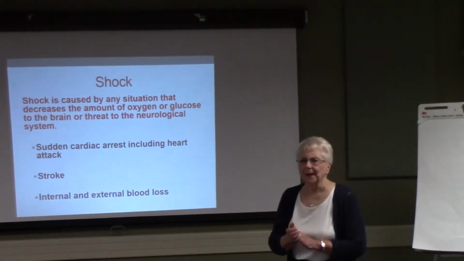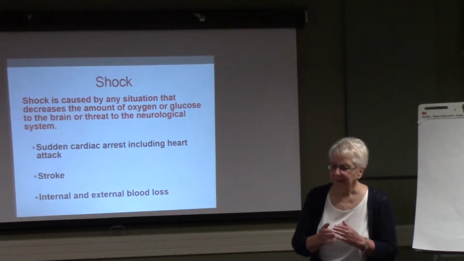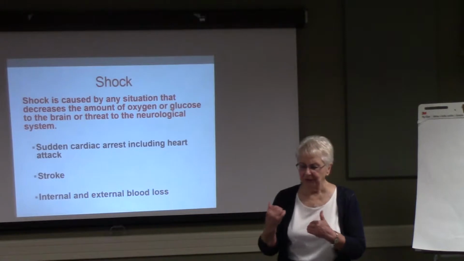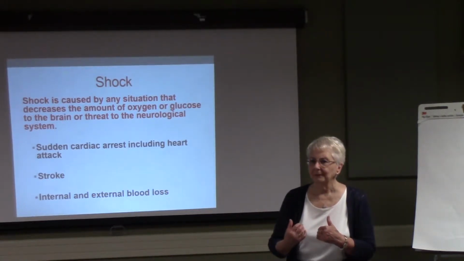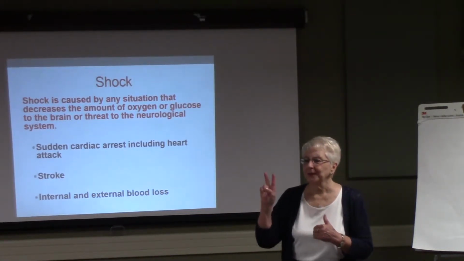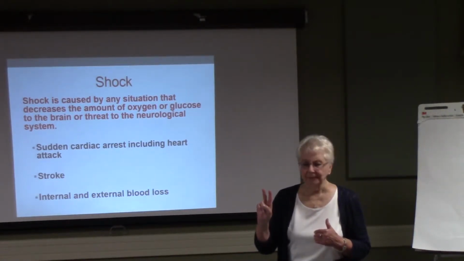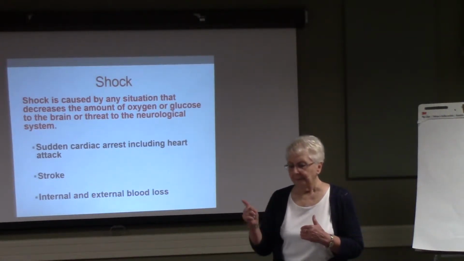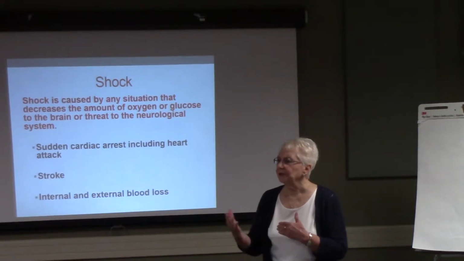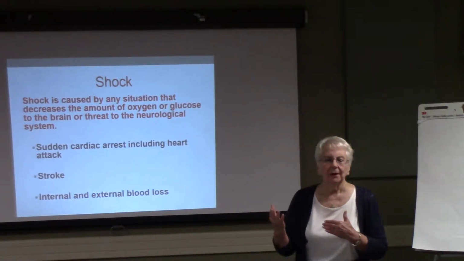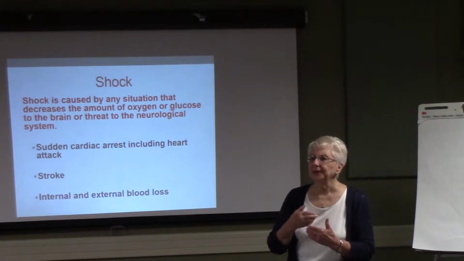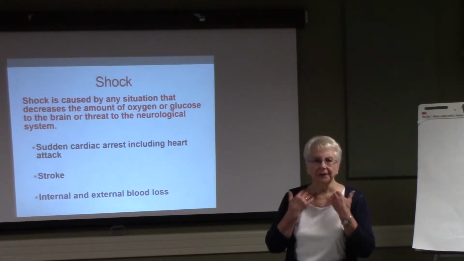Shock is caused by any situation that decreases the amount of oxygen or glucose to the brain. Those are the two things the brain absolutely has to have. Right? Or any threat to the neurological system, such as brain injury, spine injury, neck injury.